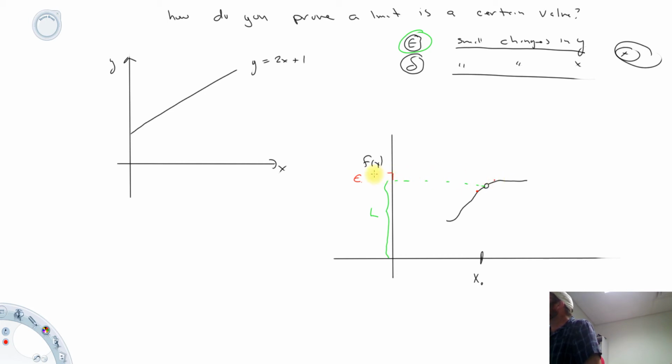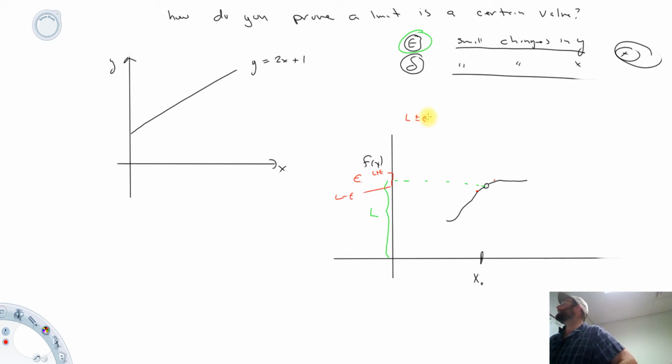If we go up here now, this is L plus epsilon, and this one down here is L minus epsilon. So what we're looking at is a range, which is the limit, whatever that is, plus or minus epsilon, where epsilon is some small positive value.